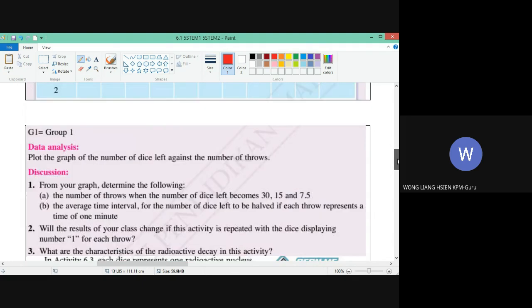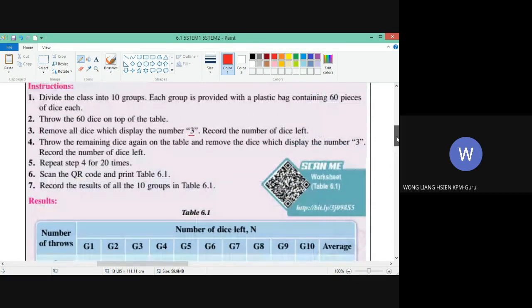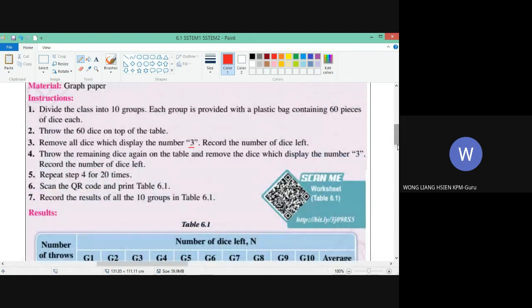So for example, when you throw the dice, there is a 1/6 chance for the dice to display the number 3. The dice has 6 faces, so the chance for number 3 to come out is 1/6.